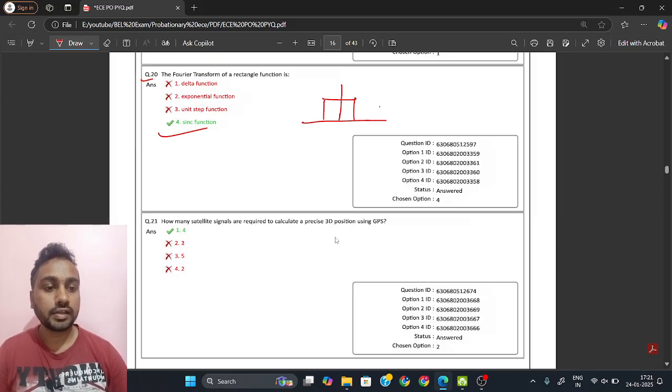How many satellite signals are required to calculate a precise 3D position in GPS?